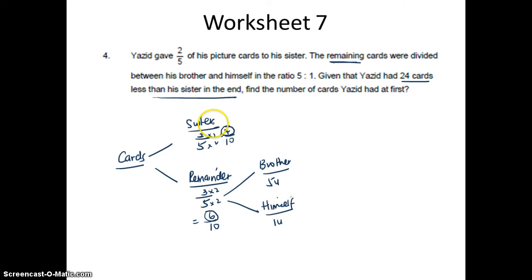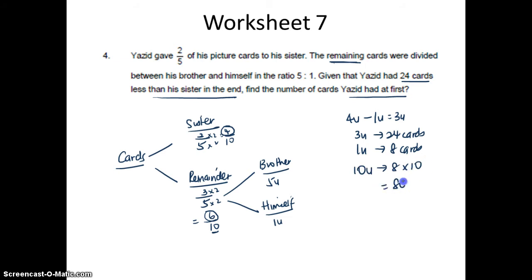In the end, sister has more than him. 4 unit minus 1 unit is 3 unit. 3 unit is your 24 cards. Therefore, 1 unit is 8 cards. How many cards does Yazid had at first? At first, he has 10 units. So 8 times 10, answer is 80 cards.